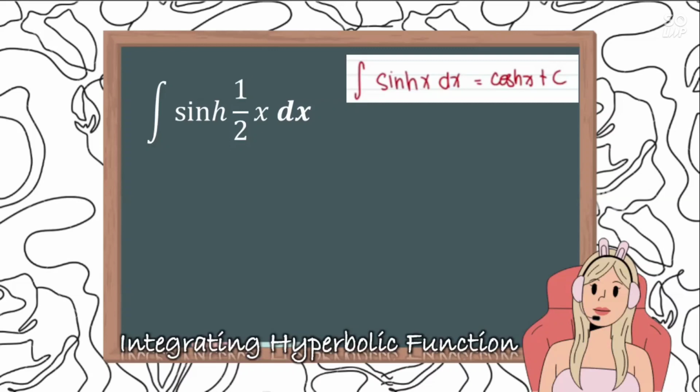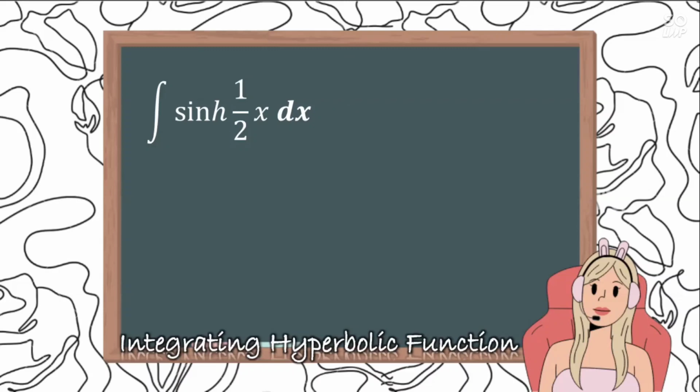Okay, so what we have is to let u be 1/2 of x and du be 1/2 dx. So in other words, we will be using u substitution. So again, we have du is 1/2 dx.